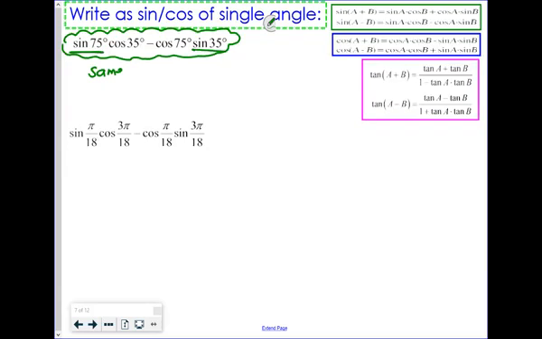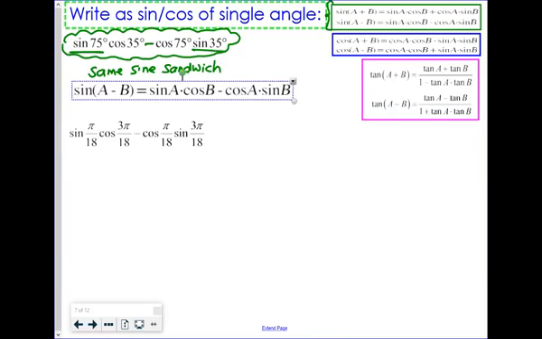So it's the same sine sandwich. That tells me it's got something to do with one of these identities. I'm looking for the one with a minus there. So it's this one. Write out this identity, and look what we've been given.